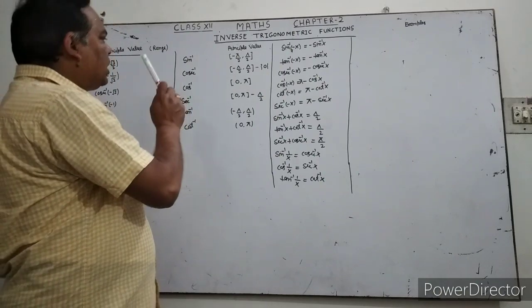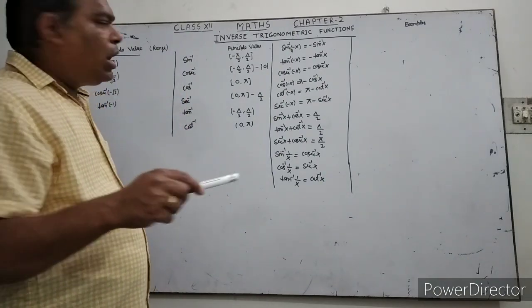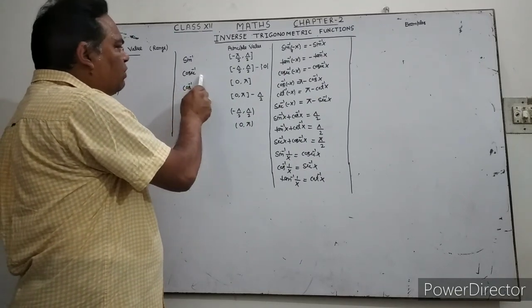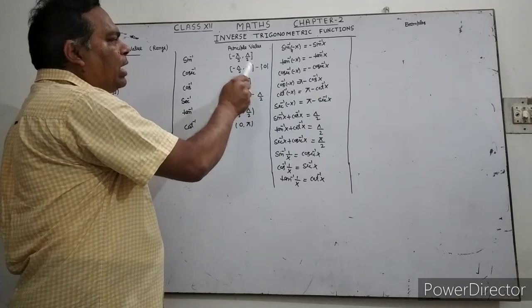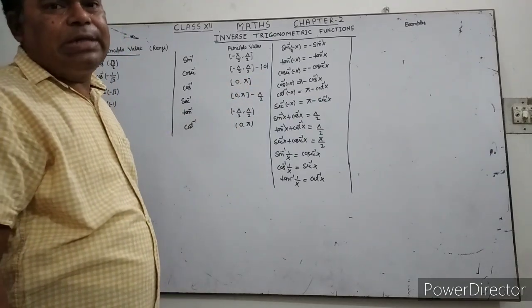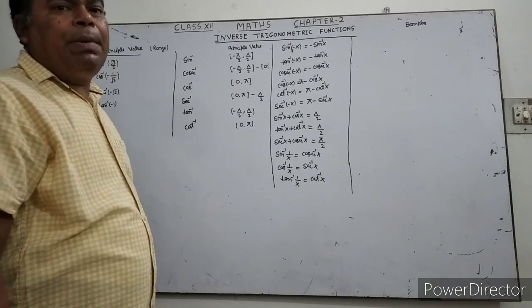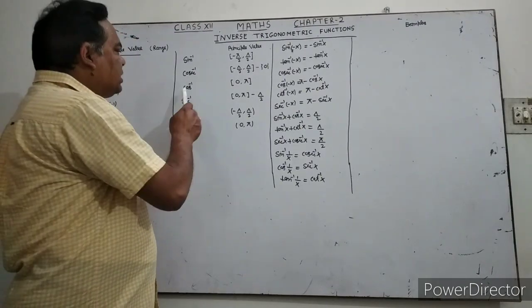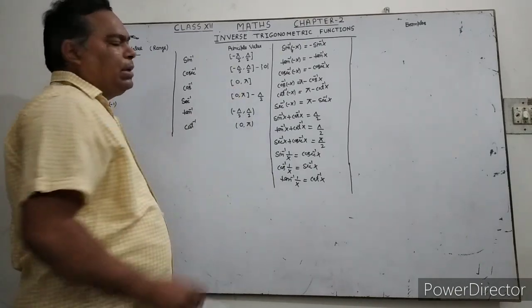Now what is the range, or principal value, of cosec inverse? -π/2 to π/2 except 0. Remember, what is the range of the cos inverse? 0 to π.